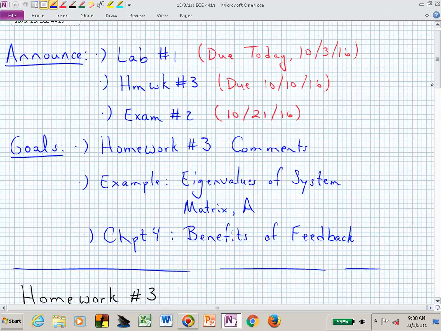What I want to do today is make some comments on homework number 3, maybe help you get through it a little more easily, and then I want to remind you about the connection of the eigenvalues of the system matrix A and how it relates to the transfer function. It actually gives you the same information as the poles of your transfer function, G of s, and we'll see that connection today.